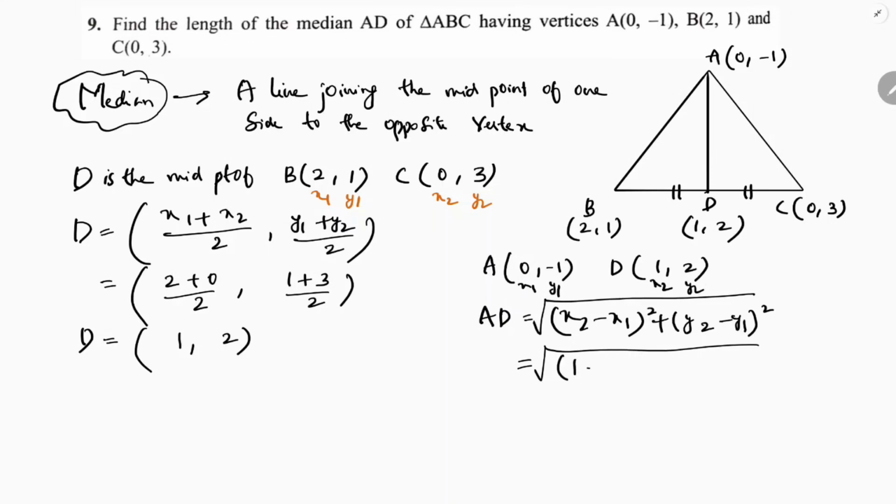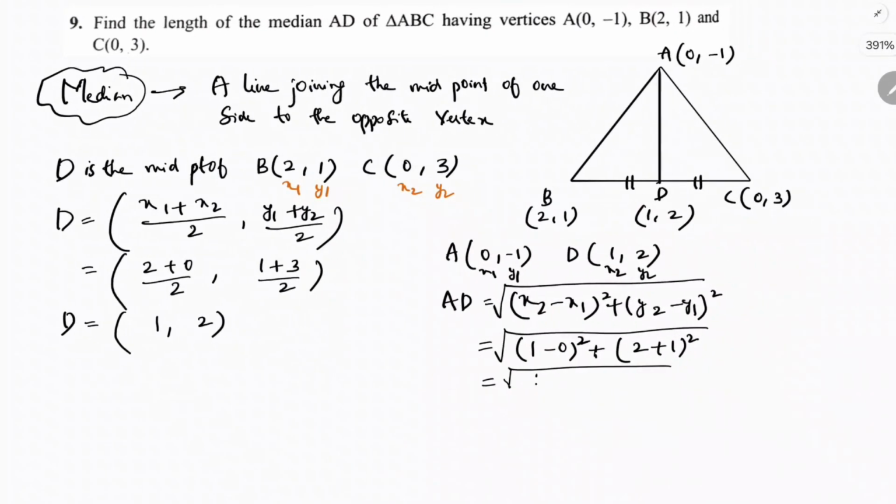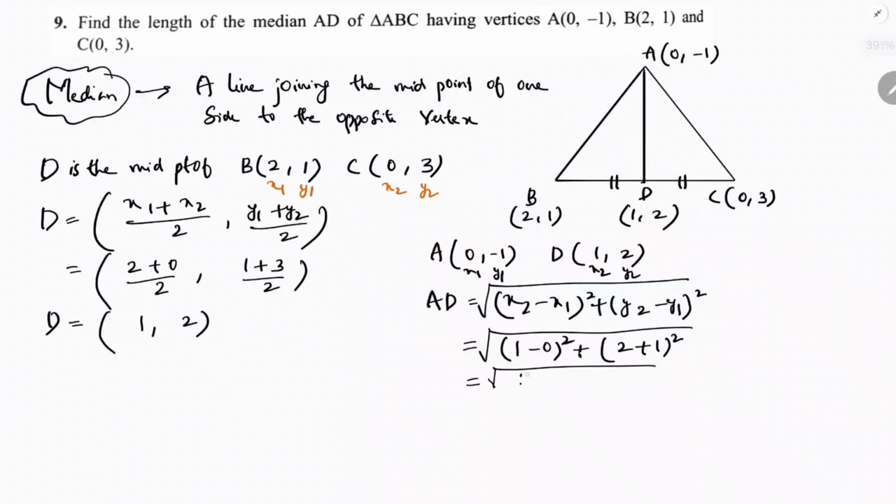So (1 minus 0) whole square plus (2 minus of minus 1) whole square. So you'll get 1 square plus 3 square. 1 square is 1, 3 square is 9. So AD is root 10 units.